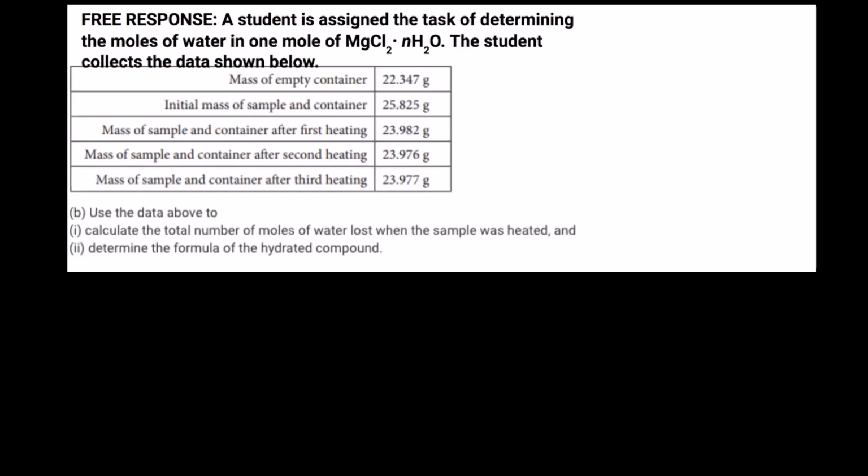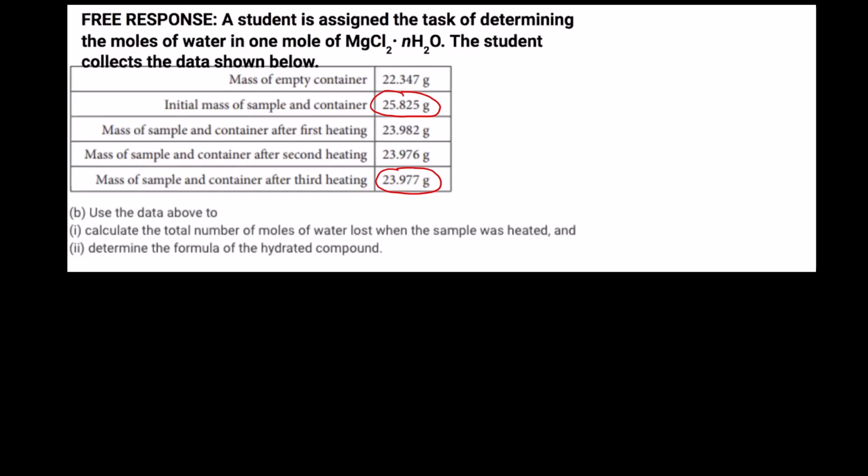Well, we're going to use the initial mass of the sample in the container, and we're going to use the final mass of the sample after the third heating, and if we subtract those two numbers, we should get what was lost, and we know what was lost was the mass of the water.